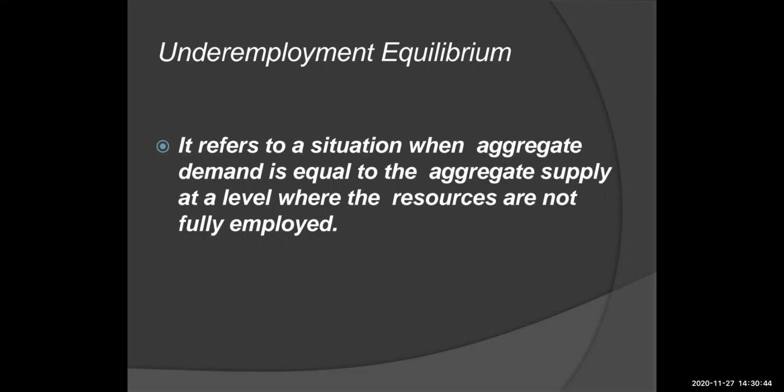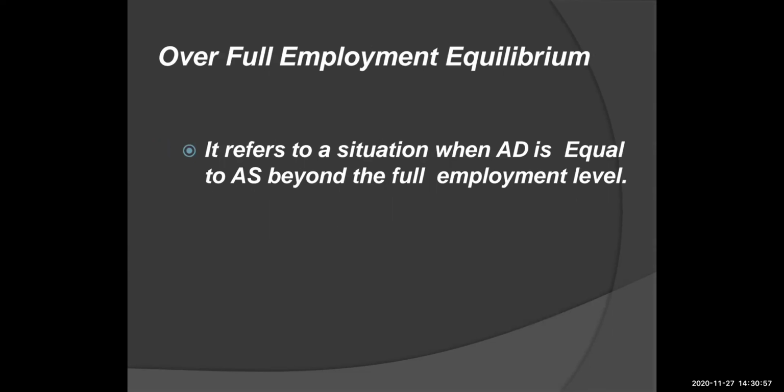It refers to the situation when aggregate demand is equal to aggregate supply at a level where the resources are not fully employed. And over full employment equilibrium refers to the situation when AD is equal to AS beyond the full employment level.